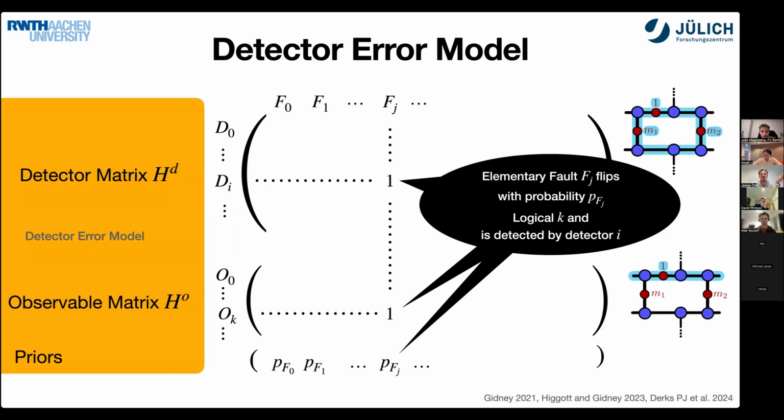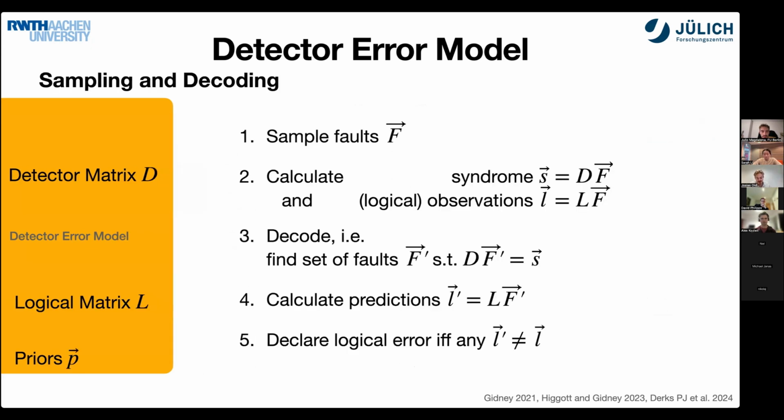In particular, we would, for example, sample fault configurations and then calculate, using this detector matrix, a syndrome and also a logical outcome. This syndrome is what we have access to in our quantum error correcting protocol, because it comes out of all the measurements that we do.